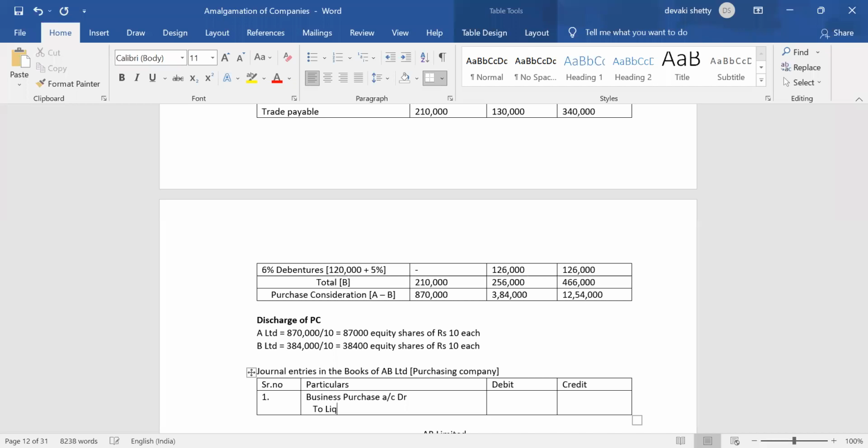So the business that closes, we call it liquidators of old company, which is the first company which is getting closed, A Limited, and liquidator of B Limited.